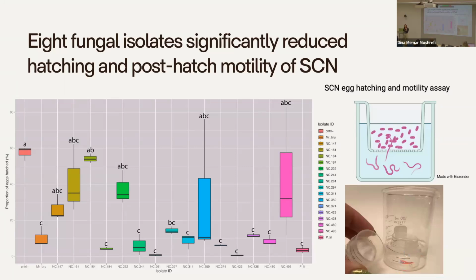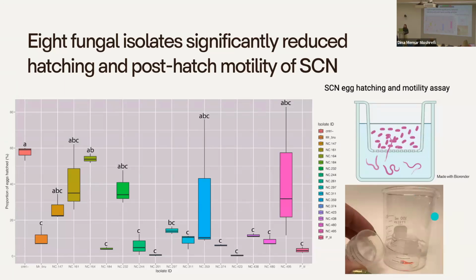Any nematodes that hatch and are still motile would tend to swim through the mesh and get to the bottom where the rest of the water is, because they avoid desiccation. So they just avoid the air, basically. Then you remove that mesh and get to the water at the bottom.